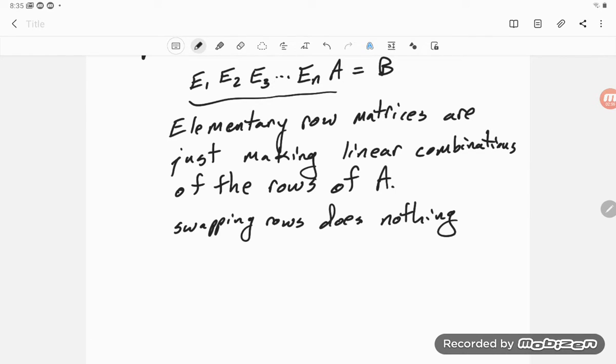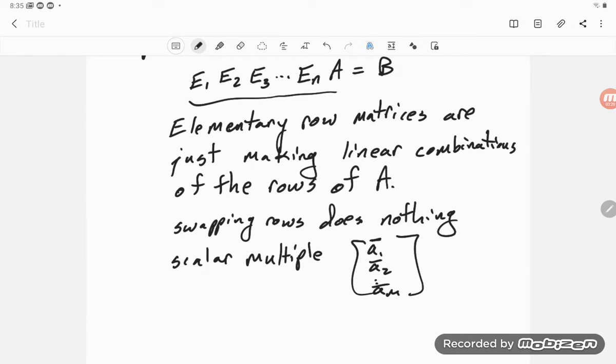But a scalar multiple is we're just replacing. Okay, so say the first thing we did was a scalar multiple. Suppose A is this A1 row matrix, A2 row matrix, down to some AM row matrix. Okay, so these are row matrices.